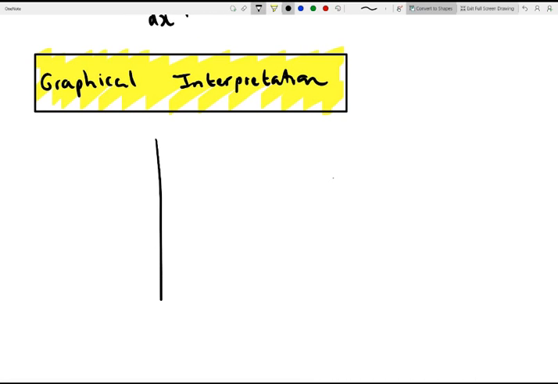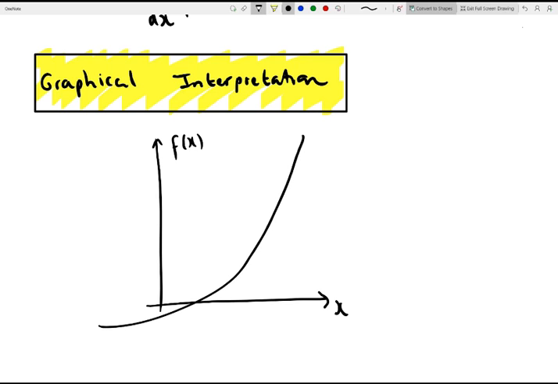Okay, so if these are our axes, if this is f of x and this is x, and we have some function here and we take a particular point on this function, say here, this point is x, f of x.